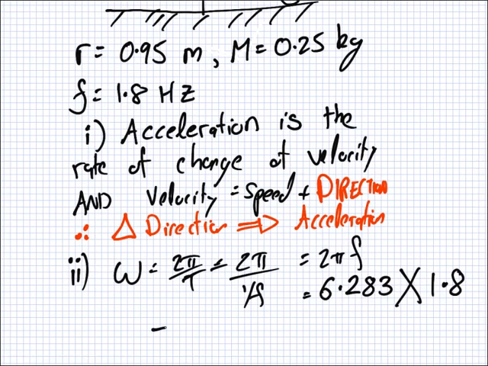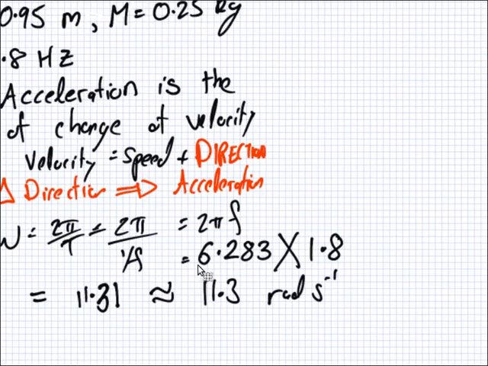So what is that, please? Give me 4 SF. 11.31. Okay. Which is roughly 11.3 radians per second.